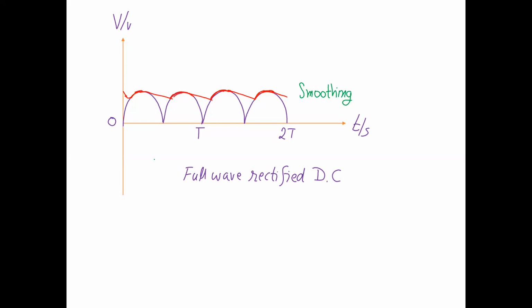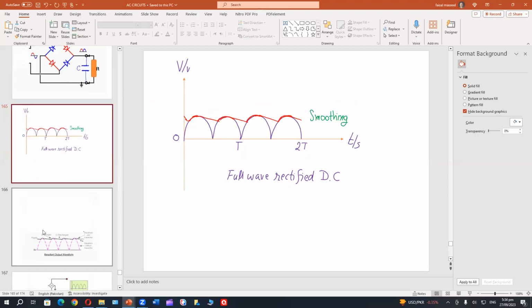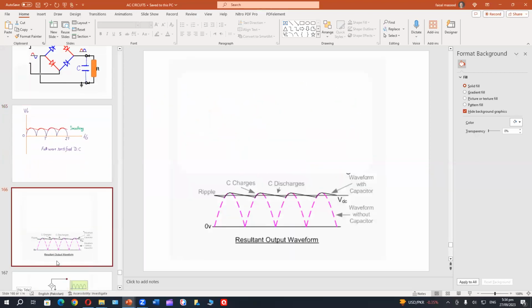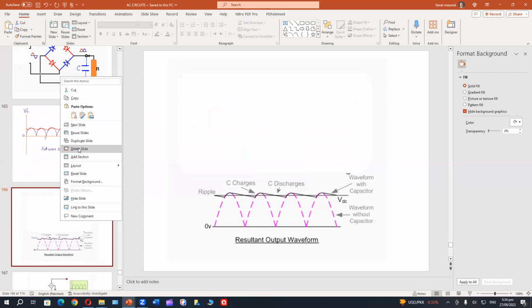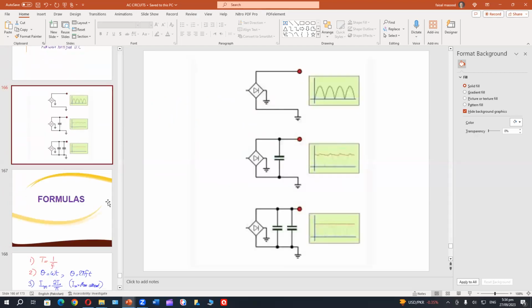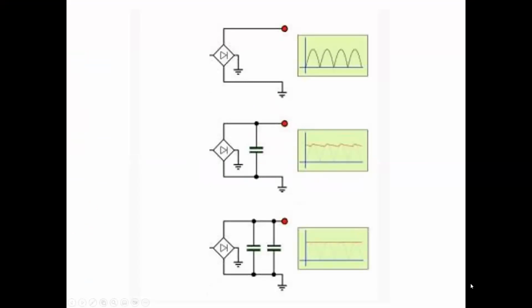So we made this concept, and now I hope it is clear to you that it has to be done, either you are coming from full wave rectification or from half wave rectification. So here we have a diode. We get full wave. This is called a bridge rectifier. Now, bridge rectifier with one capacitor and bridge rectifier with two capacitors.